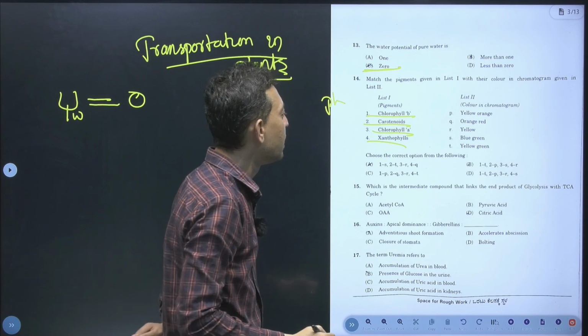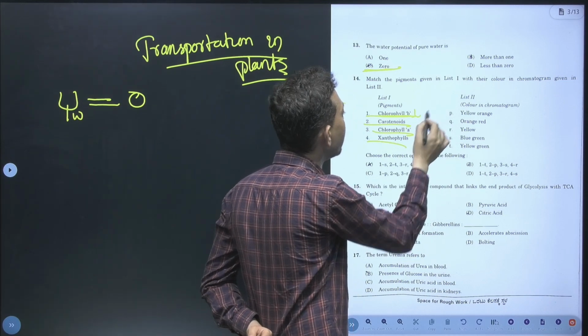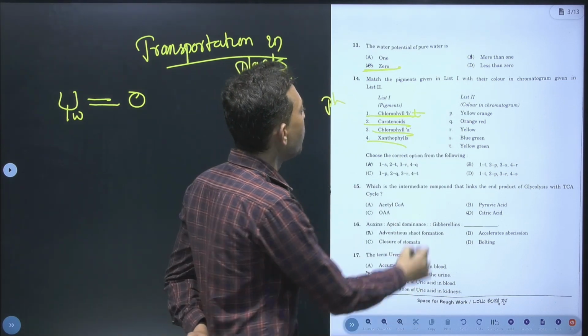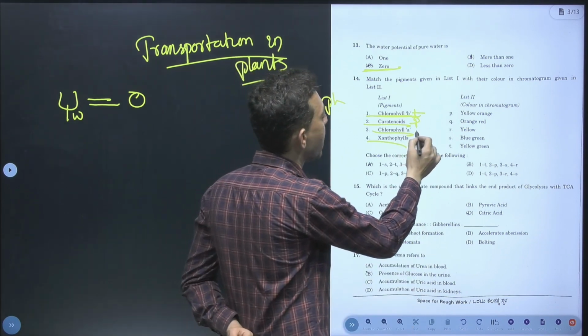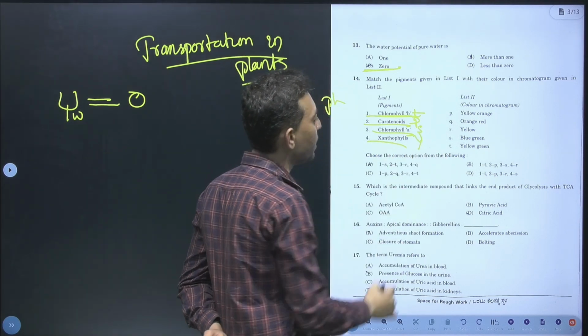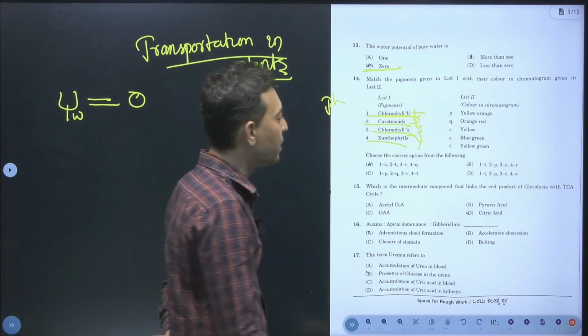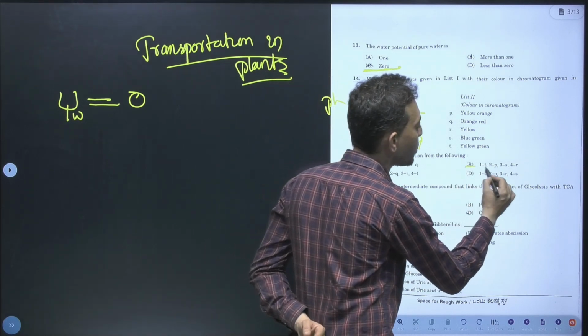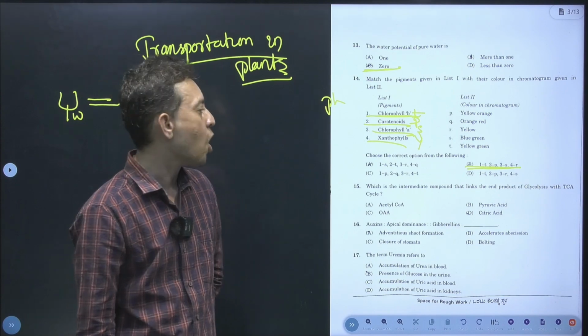Chlorophyll B is yellow green, and carotenoids are yellow orange. Chlorophyll A is blue green in color, and xanthophylls are yellow in color. So the correct option here is B1.